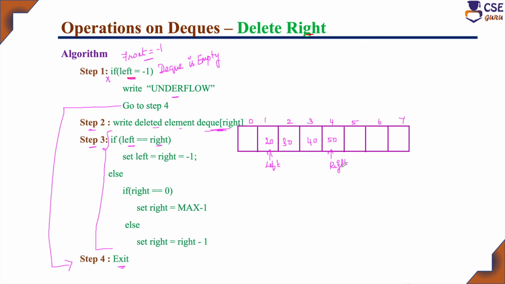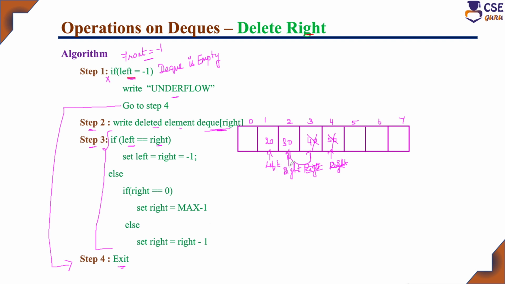Suppose I am implementing delete right, decrement the right pointer by 1, okay, automatically this position element will be deleted. Next, again if I am implementing the delete right operation, decrement the right pointer by 1. Okay, now the right pointer will point to the second memory location, automatically this position element will be deleted.